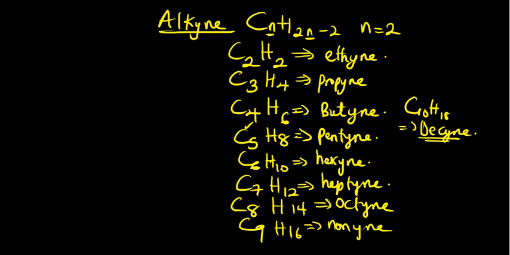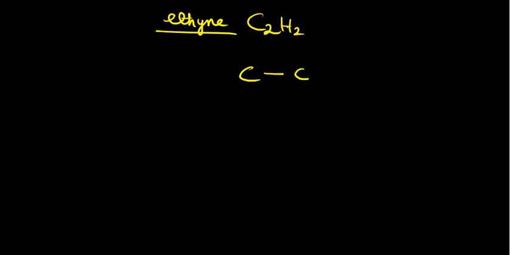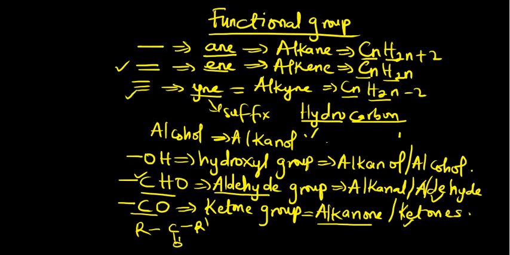Now let's draw the structure for alkyne also. So for alkyne, their first member, ethyne. So let's draw ethyne, which is C2H2. So let's draw the structure. We have 2 carbons. Now don't forget that their functional group also is what?